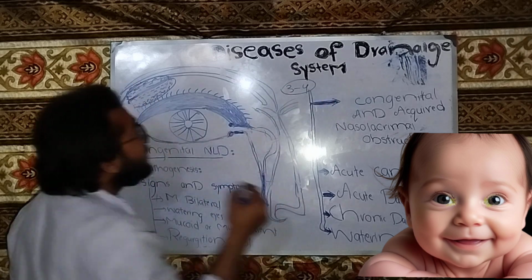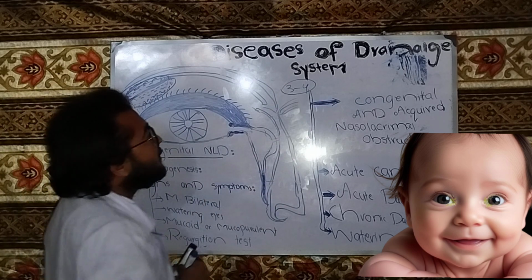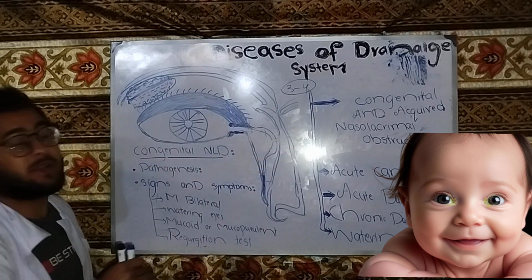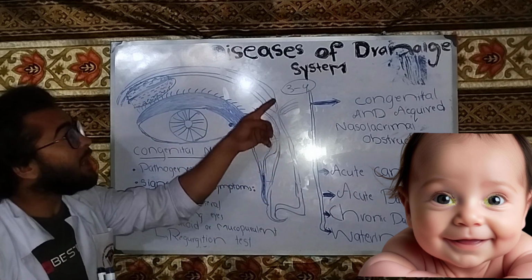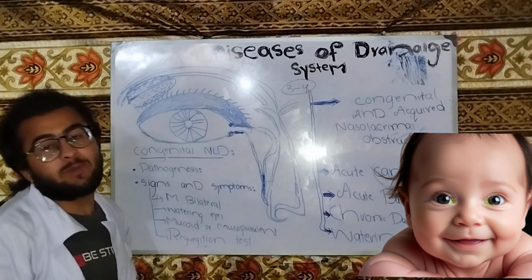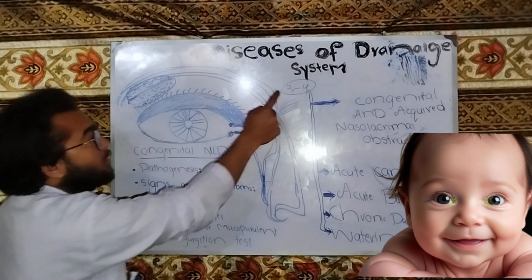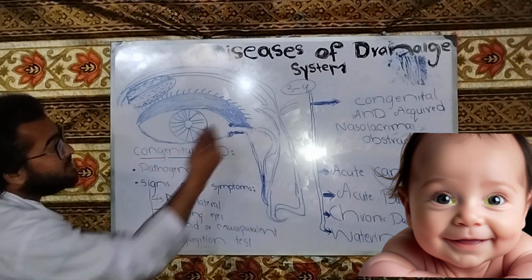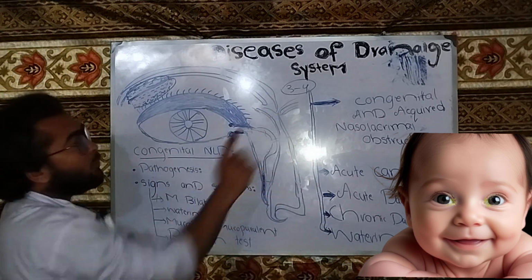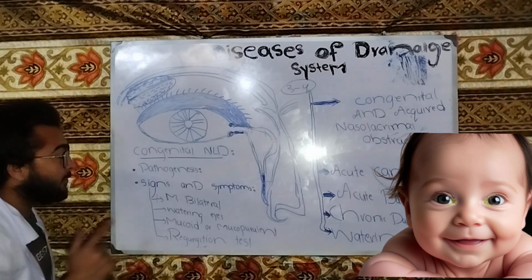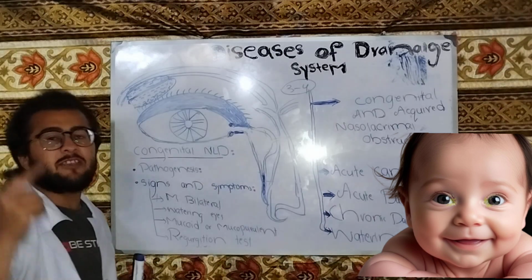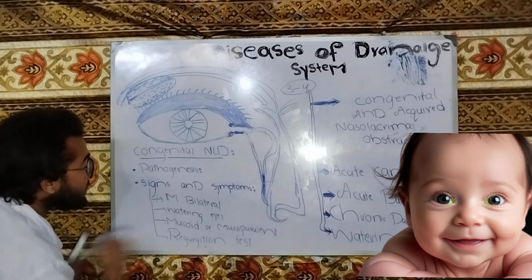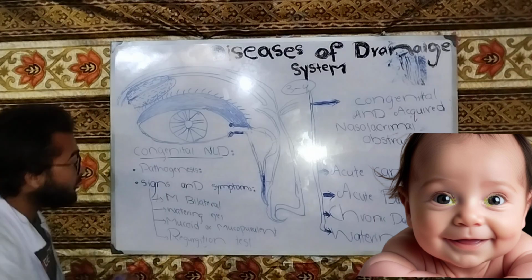So that's why the child will also present at this duration, after 3 to 4 weeks after birth, because this is the duration of tear production. Mostly the condition is bilateral, but it can be unilateral.